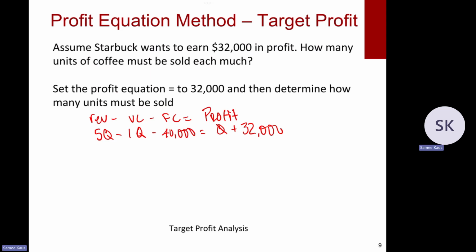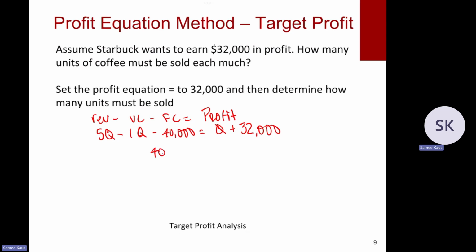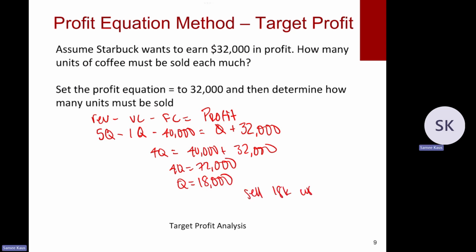So I can do some basic algebra, and I get down to 4Q equals 40,000, bring my 40,000 over, plus 32,000. 4Q equals 72,000, and I get Q equal to 18,000. So now I need to sell 18,000 cups of coffee to generate $32,000 in profit.